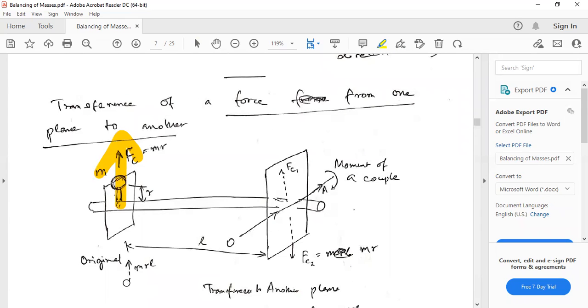That's it. Force was MR, take it to a distance L, multiply by L. Simple thing. That is how we transfer the force.